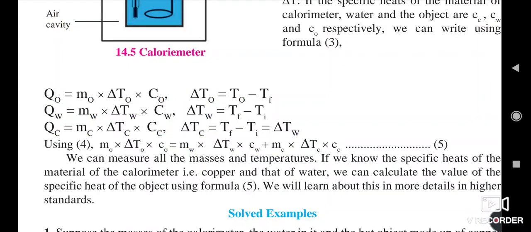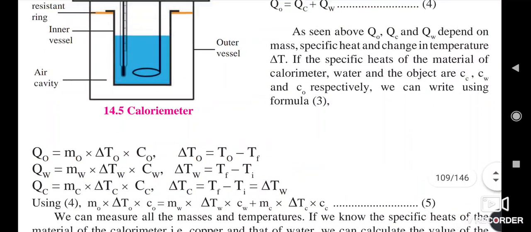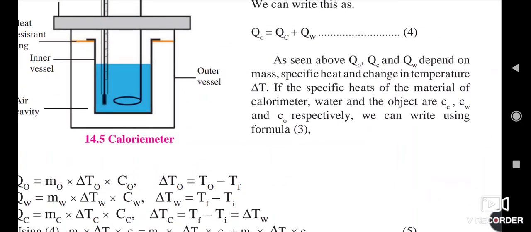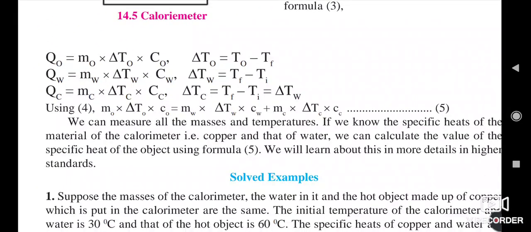So using the fourth formula, QO is equal to QC plus QW, that is, the mass of the object into the change in the temperature of the object into its specific heat is equal to the mass of the water into the change in the temperature of the water into the specific heat of water plus the mass of the calorimeter into the change in the temperature of the calorimeter into its specific heat.